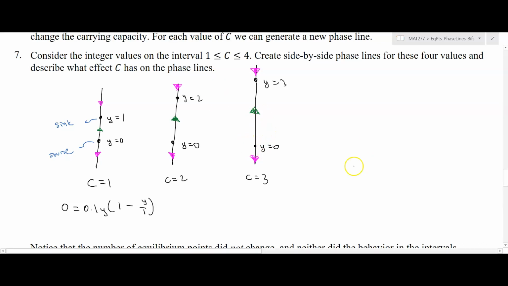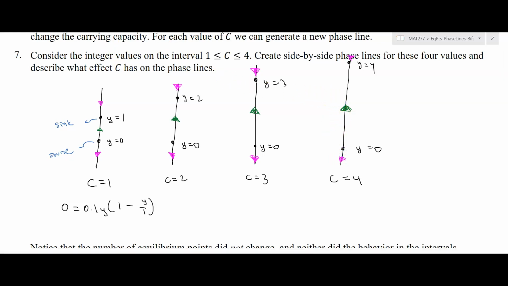And then for c equals 4, same process, but now I'll have one way up here at y equals 4, and down here at y equals 0. Population will want to increase if y is between 0 and 4 until it reaches its equilibrium. It will want to decrease if we exceed the carrying capacity of the species.